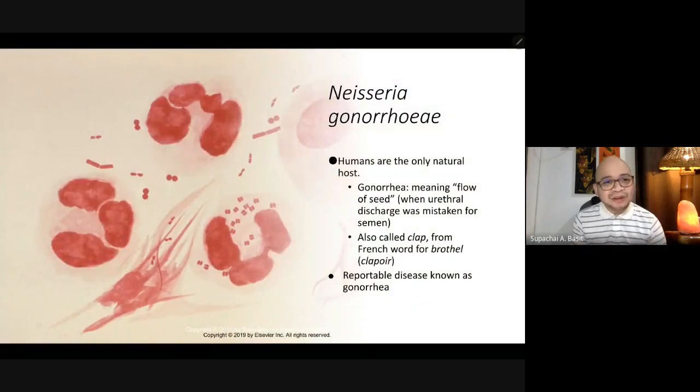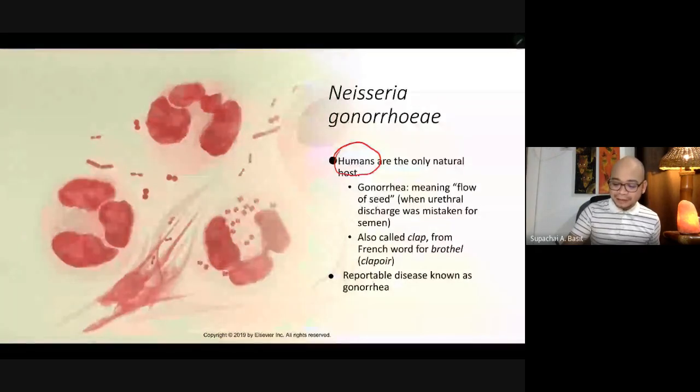So let's talk about Neisseria gonorrhoeae. Humans are the only known host. So di kayo makakita ng unggoy na may tulo. Only humans. Gonorrhea is actually a Latin word which means flow of seed.